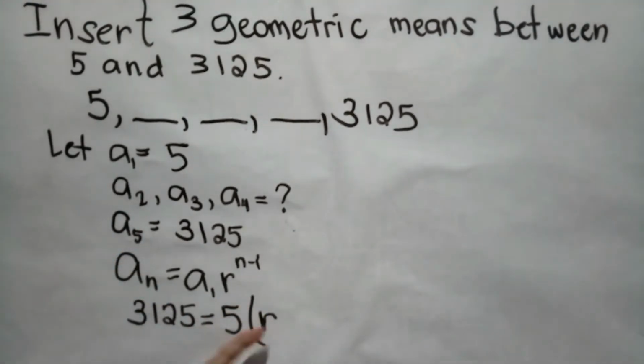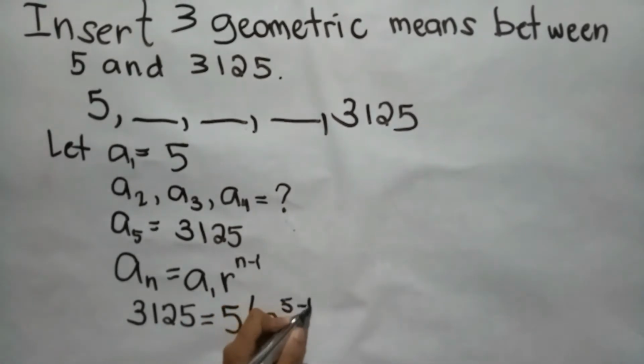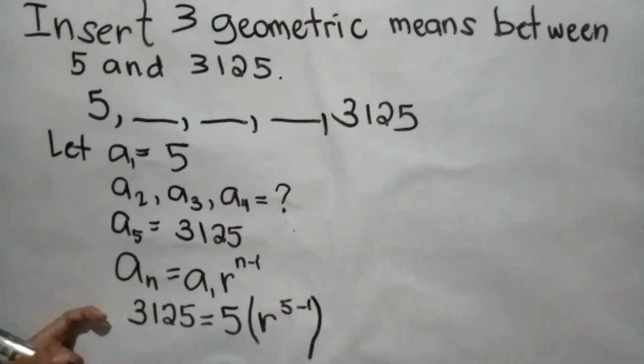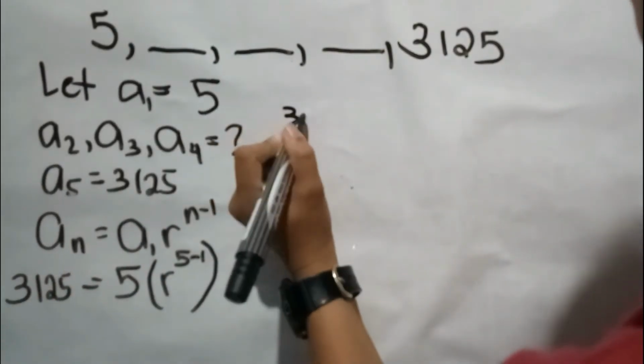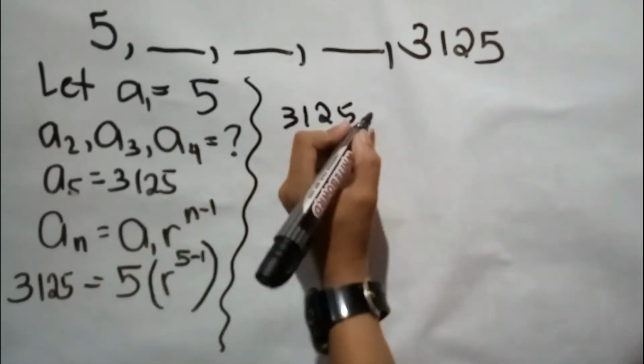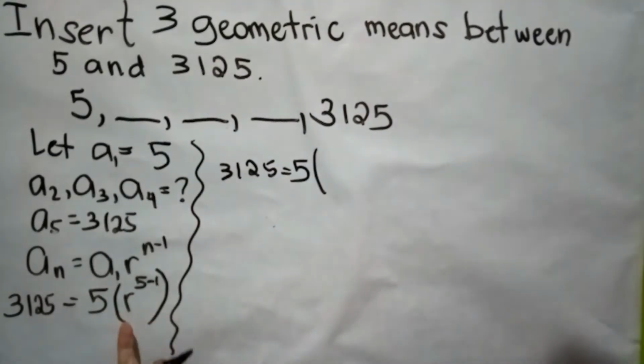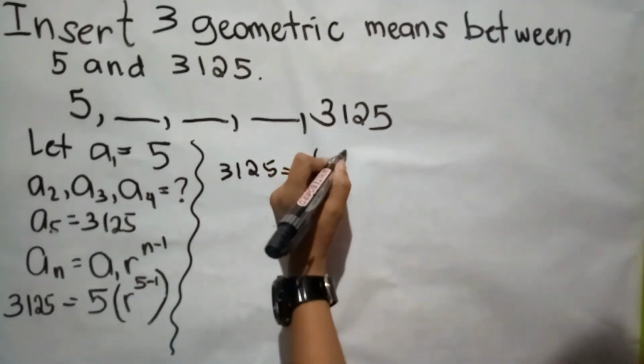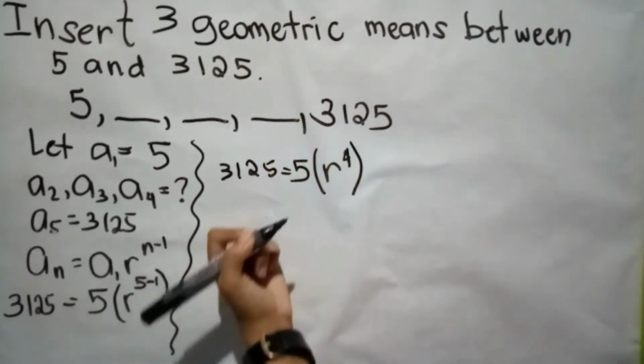How many terms? We have 5 terms, so 5 minus 1. Then calculate: 3,125 is equal to 5 times r raised to 5 minus 1, and that is 4. So r raised to 4.